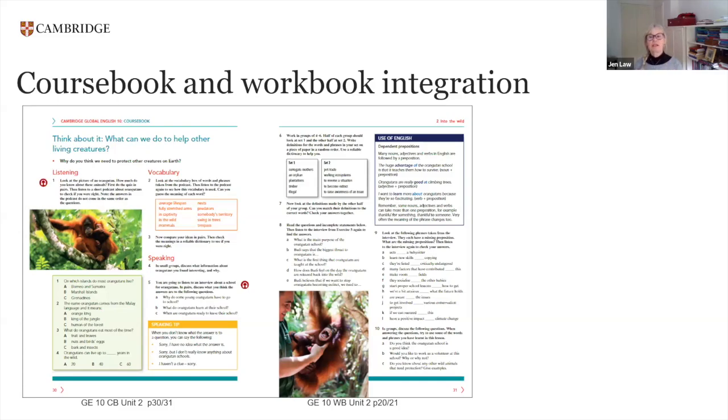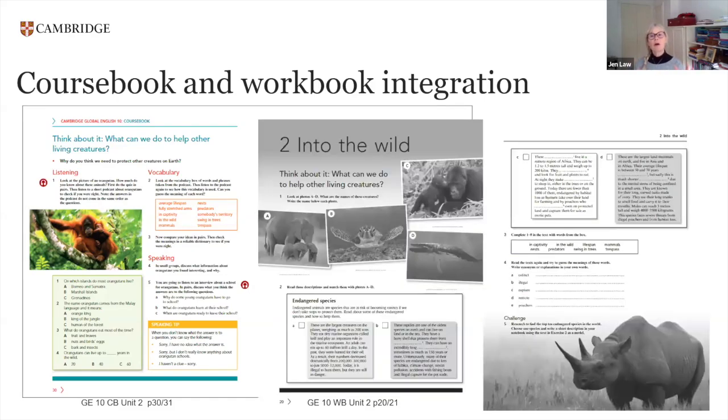So in this series in Cambridge Global English 10 to 12, we have definitely embraced the word more. The course books provide all the ingredients, rather like a cake, I think. And then the workbook comes along and it builds on that. So the course book will give you all the information and interests and needs that you have if you're going to be developing your listening skills, for example. And in the course of doing that, the workbook has additional opportunities.